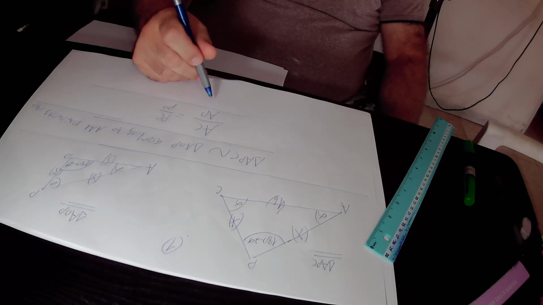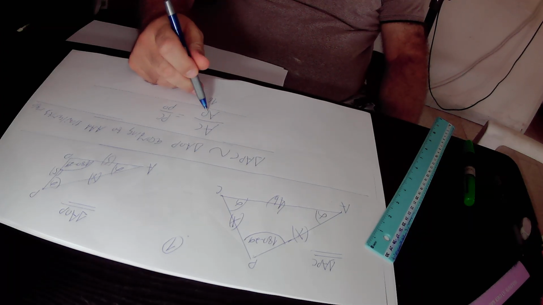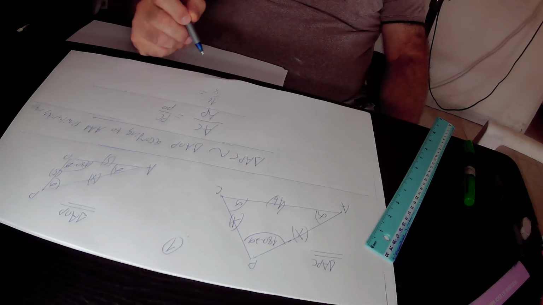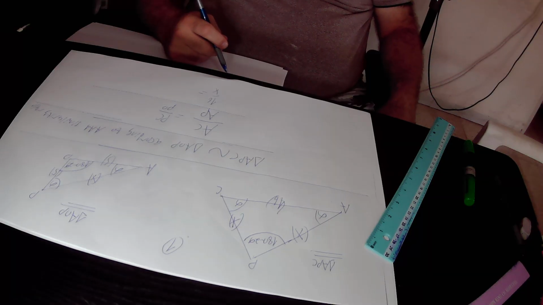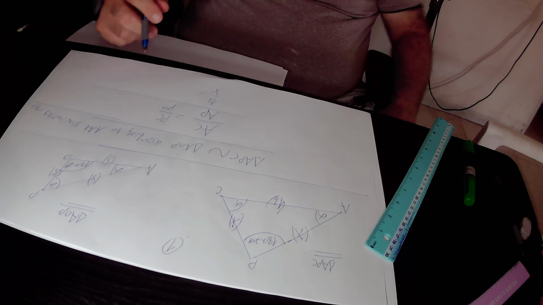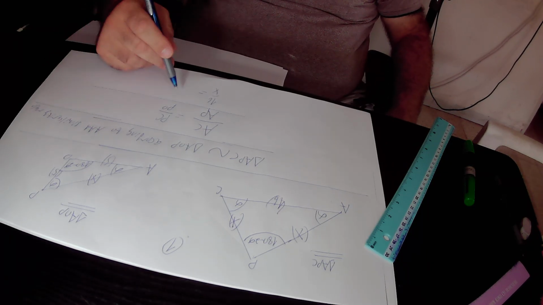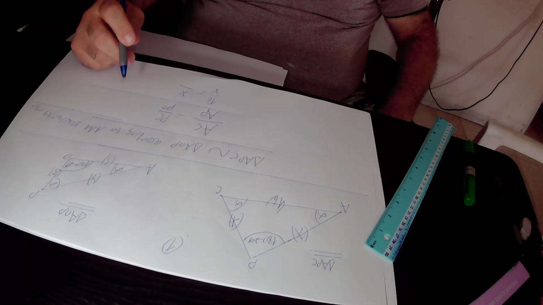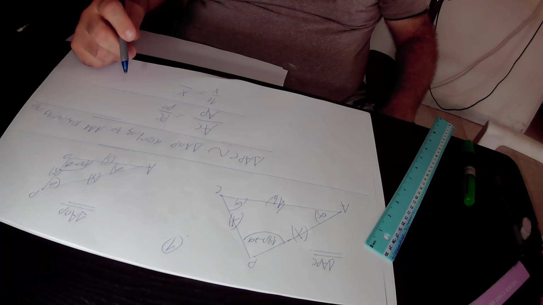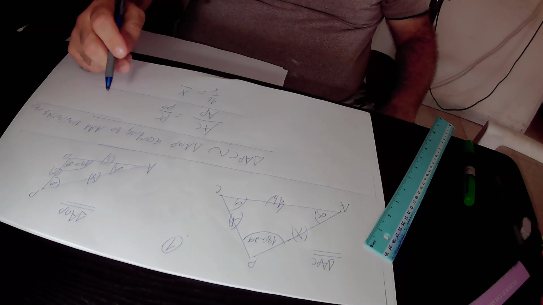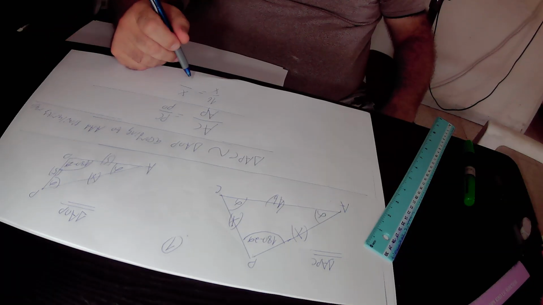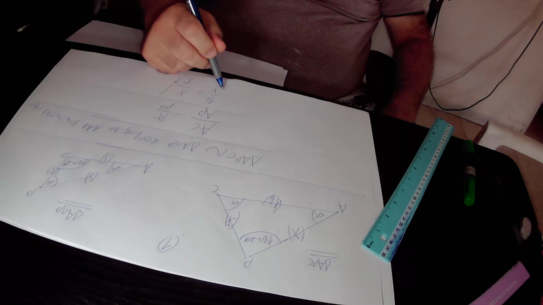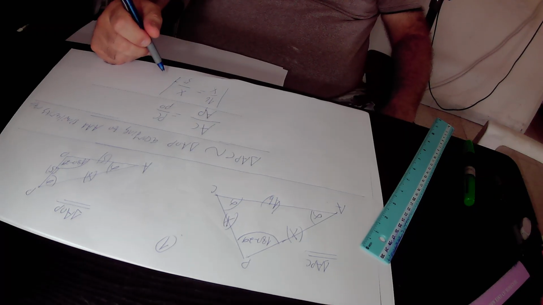AC is 16 over AP is X, and it equals PC, which is also X, over PO, which equals 5. So in total, we found out that 16 over X equals X over 5.